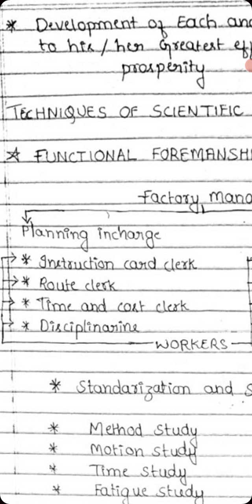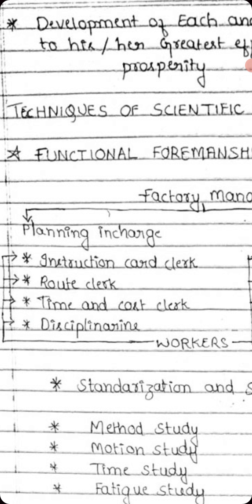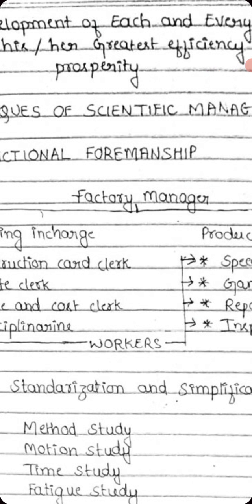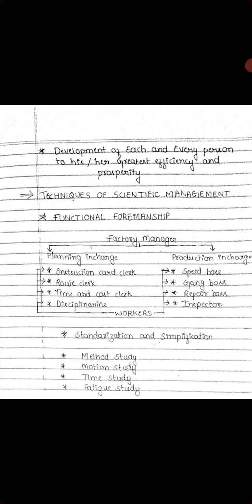No violation should occur. So these 4 people will instruct the worker how things should happen, and the disciplinarian will see that the workers are working with discipline. This was the duty of all these planning in charge members. And the next is production in charge.